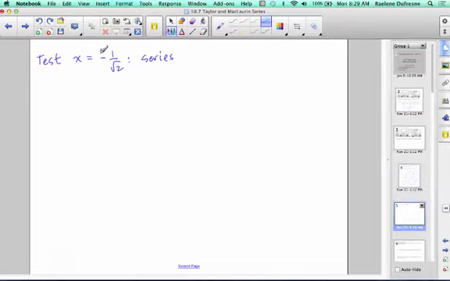So since it doesn't matter which one we substitute in, the series is going to equal the series from n equals 0 to infinity of -1 to the exponent n.